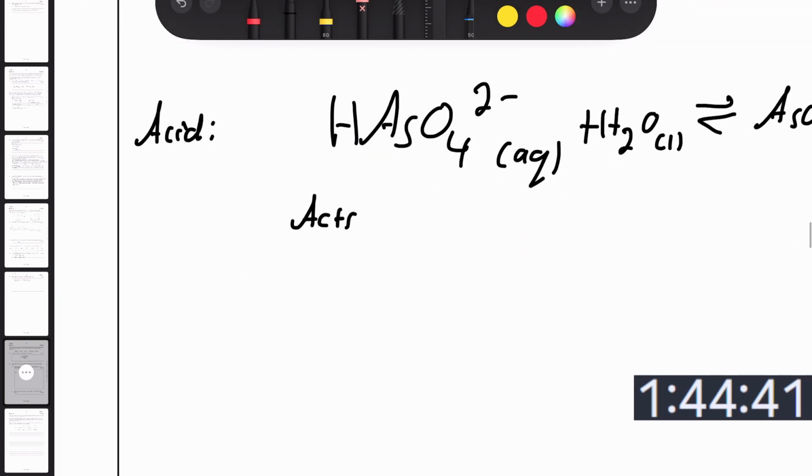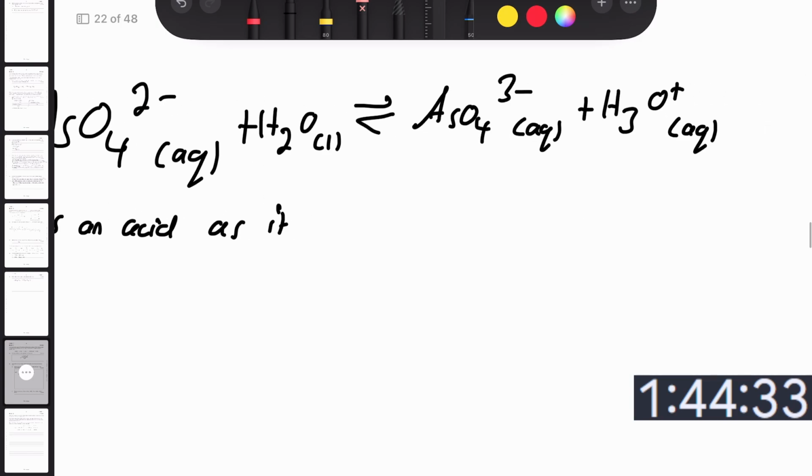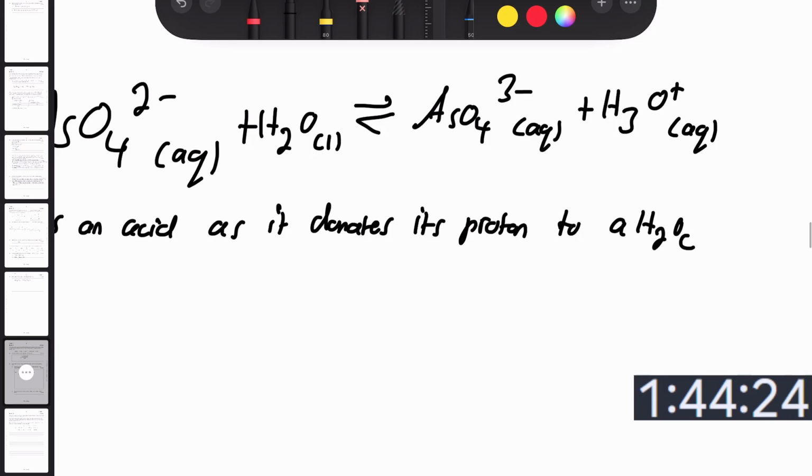Acts as an acid as it donates its proton to a H2O.